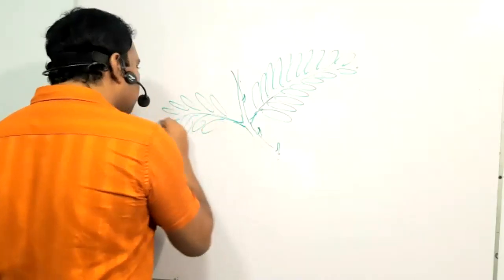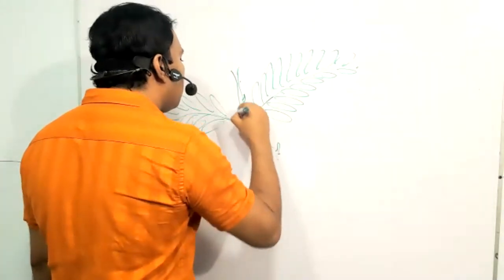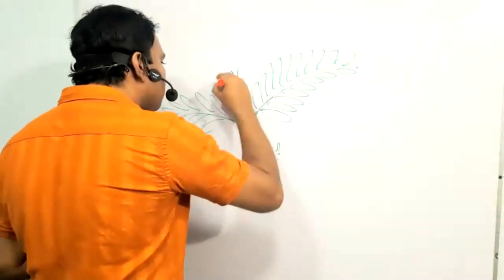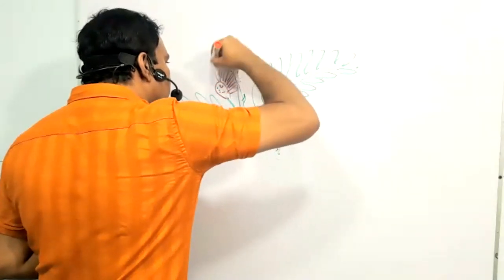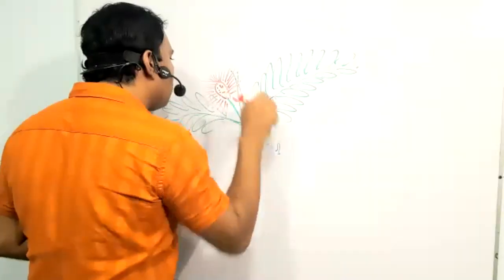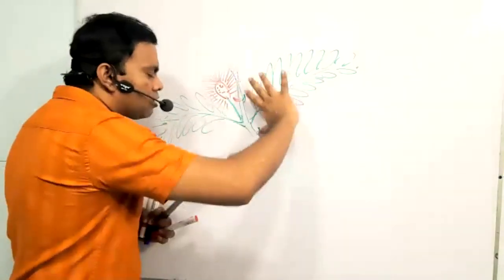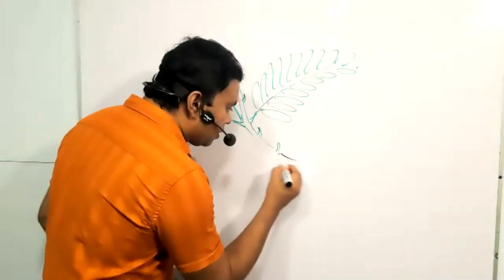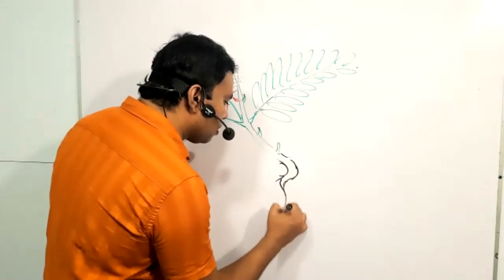Can you guess this? And sometimes you can see a flower. What's this? Mimosa or something. Yes, that's the mimosa plant. But we are talking about the morphology. The morphological feature is root. Okay, now I am drawing the root.